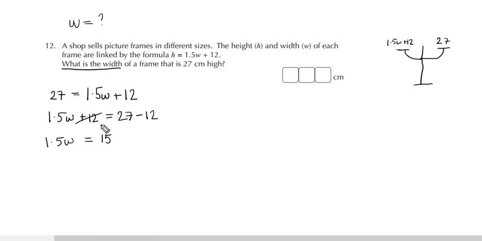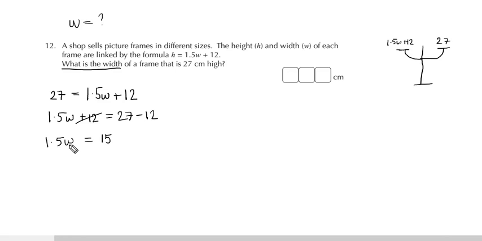So all I've done here is taken 12 away from both sides of the equation. If I've taken the same thing away from both sides, then my equation is still going to be in balance. So 1.5 w equals 15.